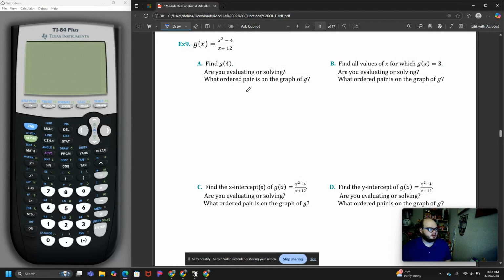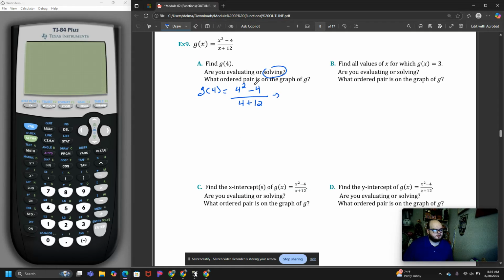Okay. Are you evaluating or solving, and what ordered pair is on the graph of g? Okay. So we're solving. So we're going to replace g of 4 is equal to, x is going to become 4. 4 squared minus 4, over 4 plus 12.